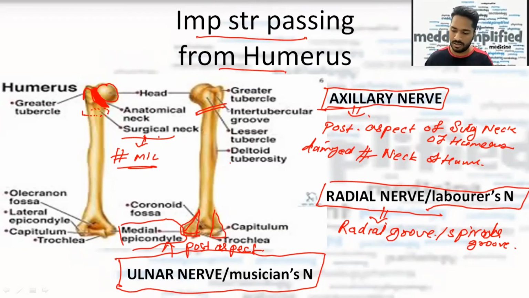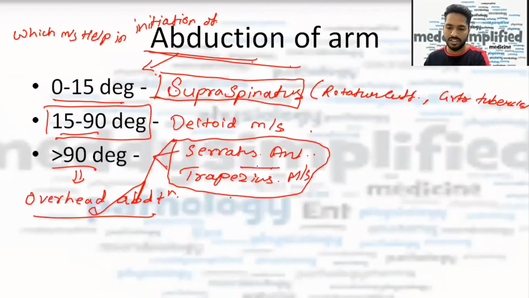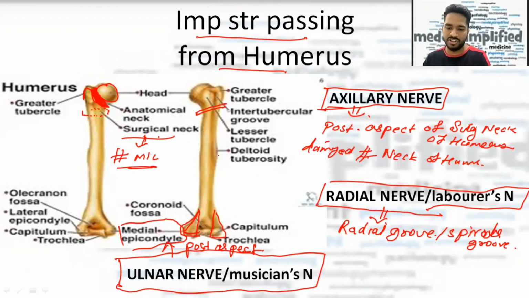Now, when I was telling you this thing, initially the spiral groove, I told you it passes at the shaft, somewhere here. So I told you radial groove passes, and from the radial groove there is the radial nerve which is passing, also known as Leber's nerve.